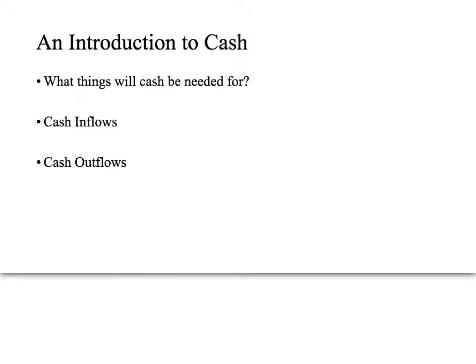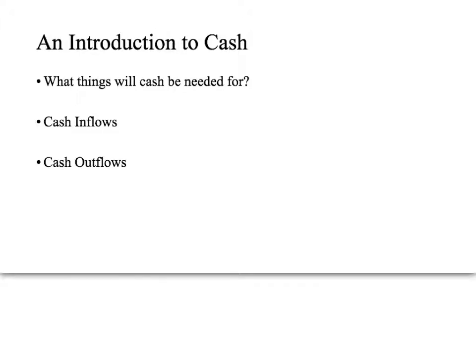If you begin first of all with variable costs, it's likely as a new business you'll pay for these things cash up front. So you could have raw materials, you might have wages that are paid by piece rate, you might have royalty payments.